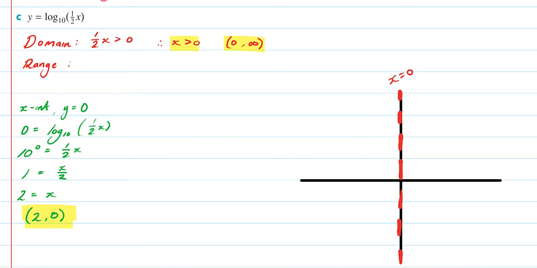We then know that my x-intercept is going to be at 2, 0. So let me first give this a sketch this way. All right, so now we're going to come over here. This right here is going to be 2. Actually, let me do this a bit smaller.